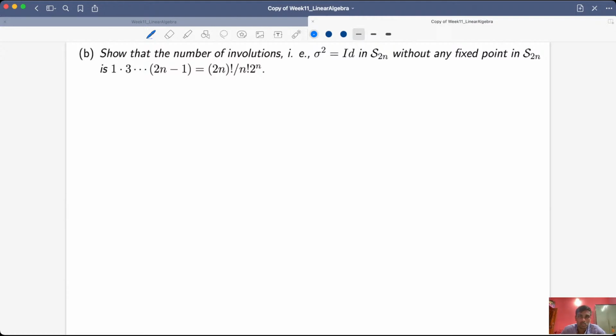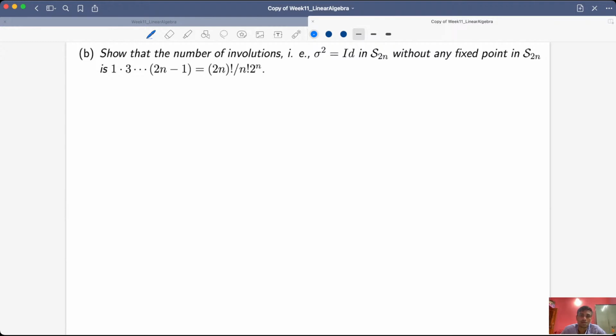So whenever you don't have a fixed point, this implies the order of this sigma is exactly 2. So we need to find all those permutations sigma which are of order 2 and consist of 0 one-cycles. The order of a permutation is the LCM of the orders of the disjoint cycles, right?